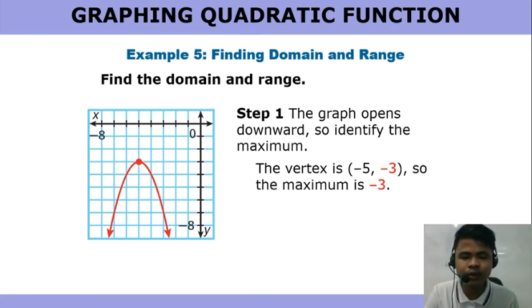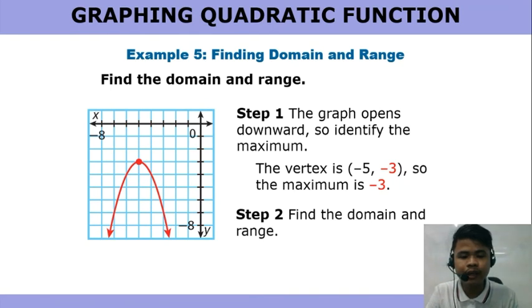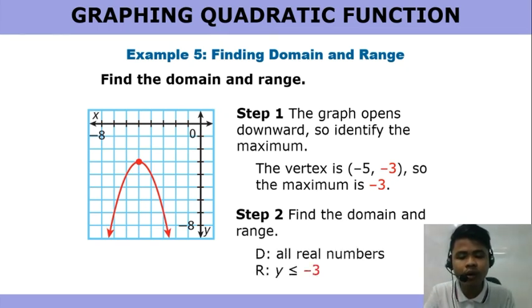Okay, take note na sa paghanap ng range, we always base on the maximum value or minimum value ng parabola. Okay, find the domain and range. Okay, the domain is always all real numbers. Again, the domain is all real numbers, and the range is y is less than equal negative 3.